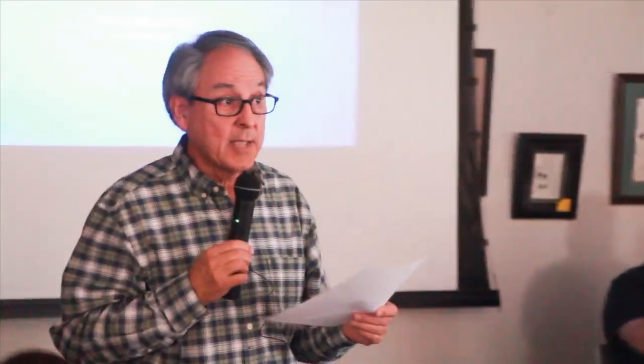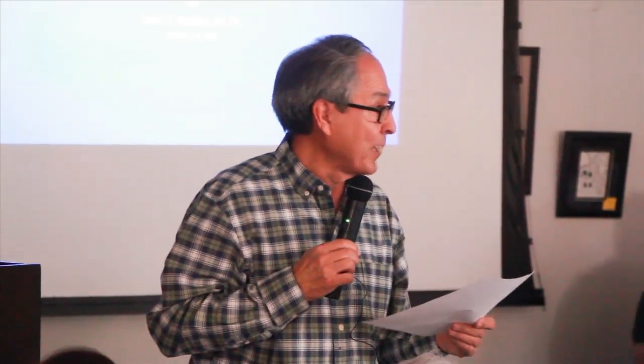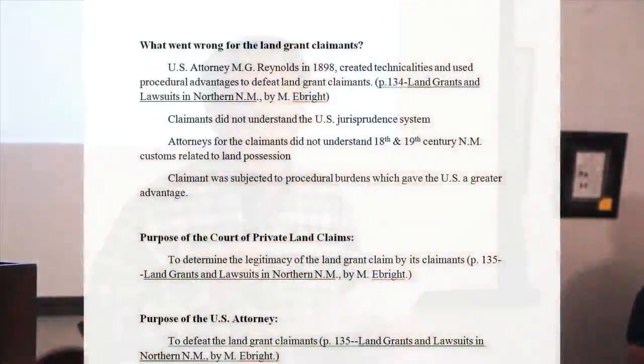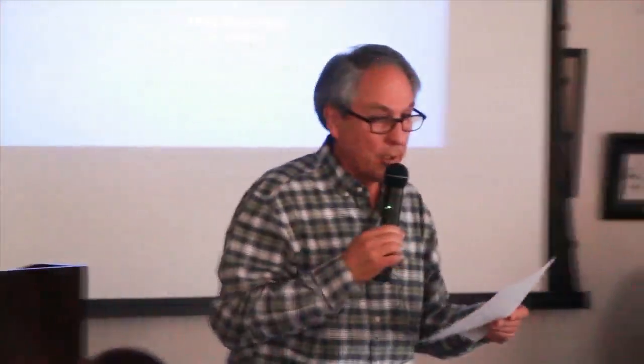We grew up in college in the mid-late 60s, and at that time we were hearing the rebellion that was going down in Tierra Amarilla with Reies Lopez Tijerina and the Tierra Amarilla land grant. So I have some questions here. What went wrong with the land grant claimants? And what were the purposes of the Court of Private Land Claims and the purpose of the U.S. Attorney? I found that information in a couple of my Malcolm Bright books.